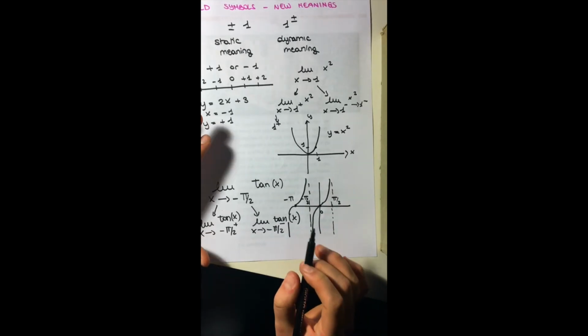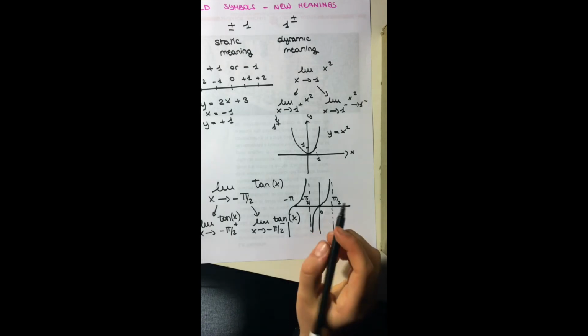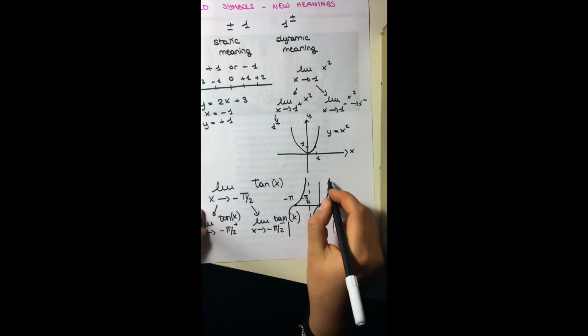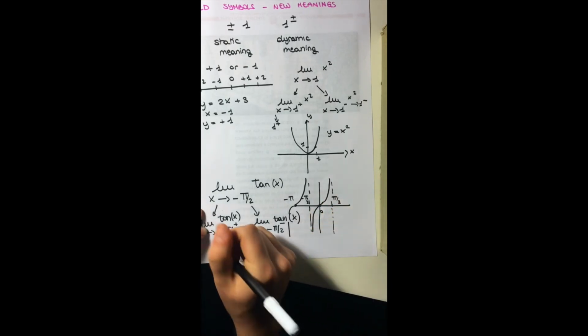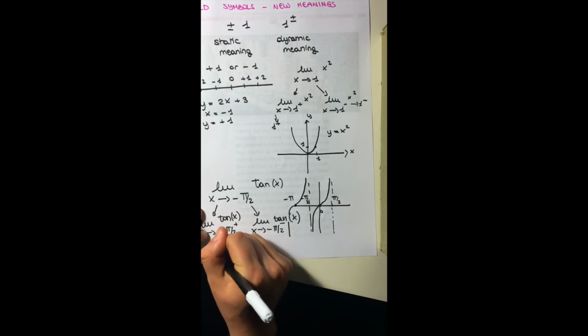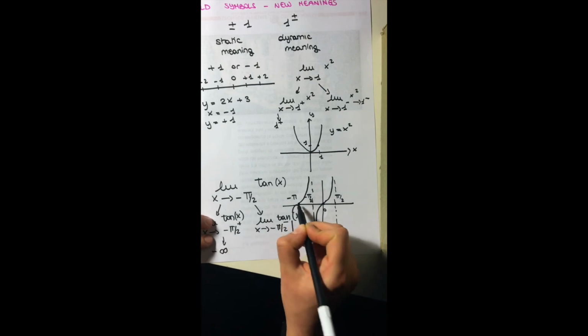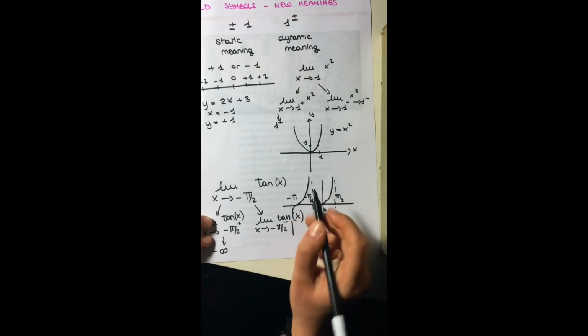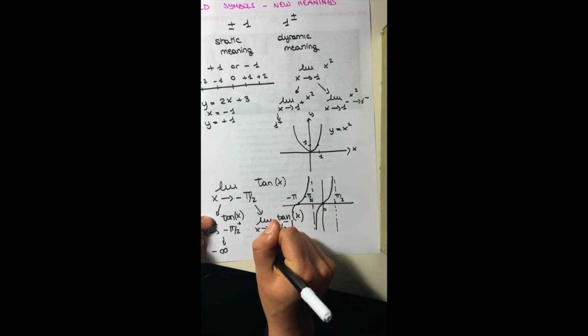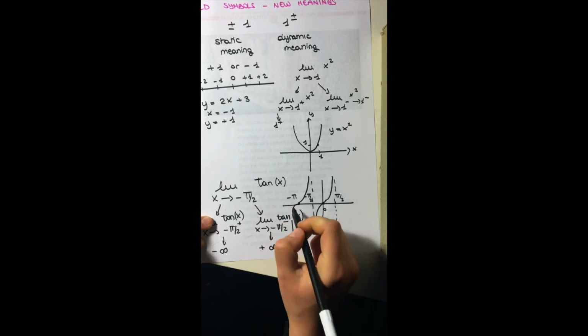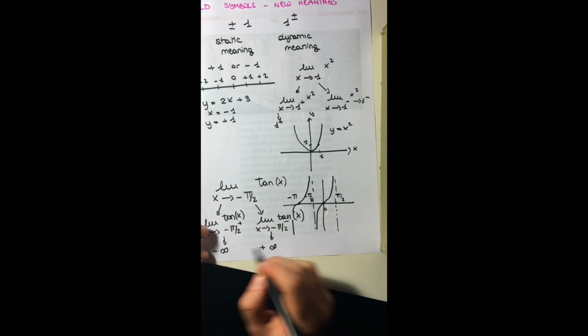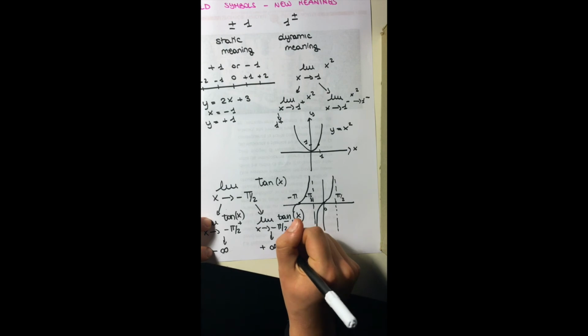Okay, so if we are approaching from the right like this, the result is negative infinity. If we are approaching from the left, like this, the result is positive infinity. So these two solutions don't match.